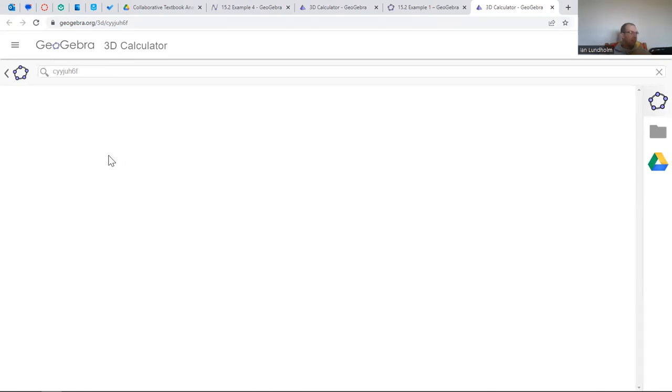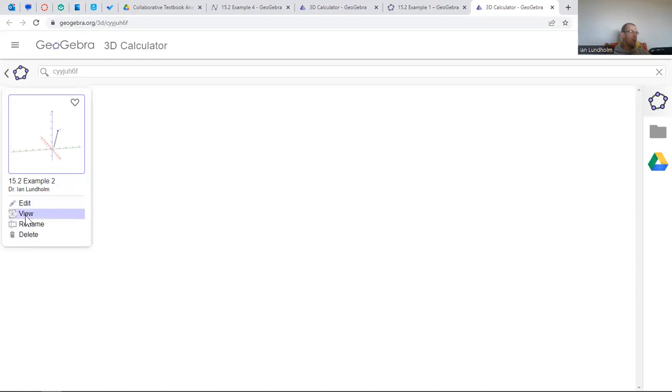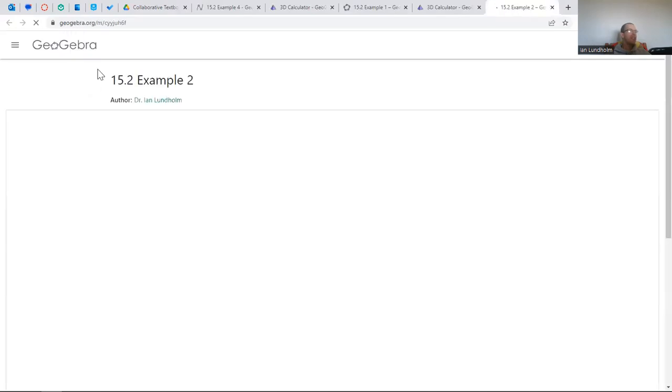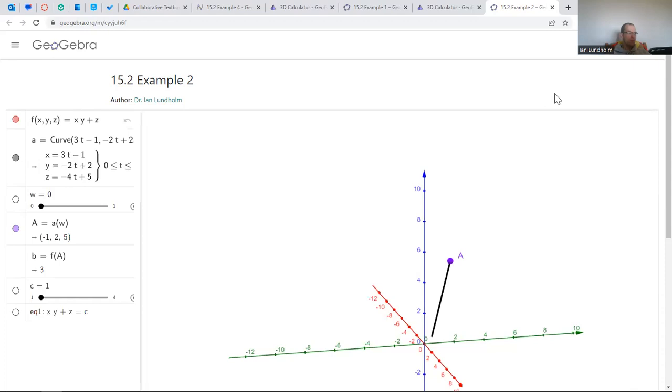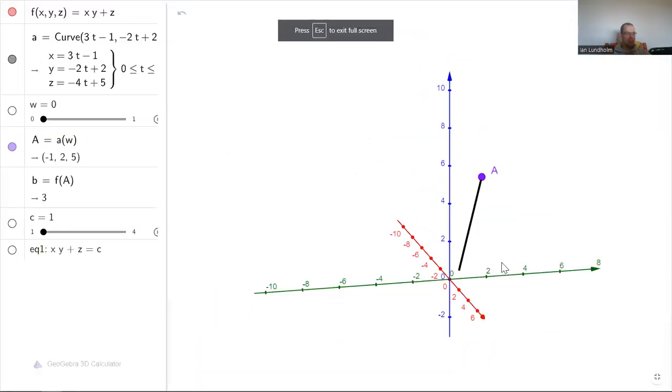You know, line integrals aren't hard enough themselves. We need to add new complexity. Dude, this one's not even coming up with the options below it. There it is. View.